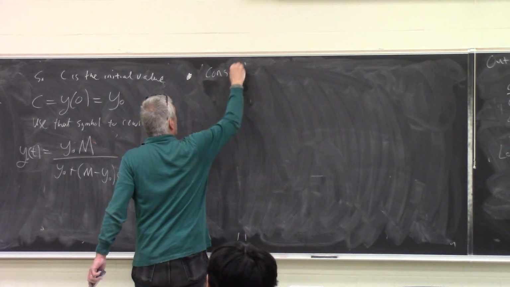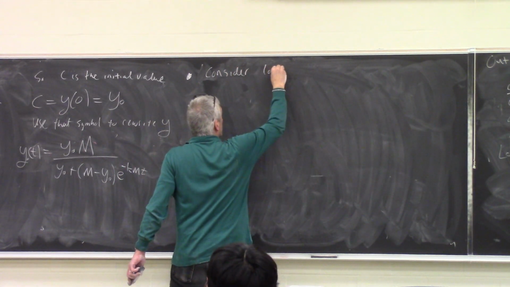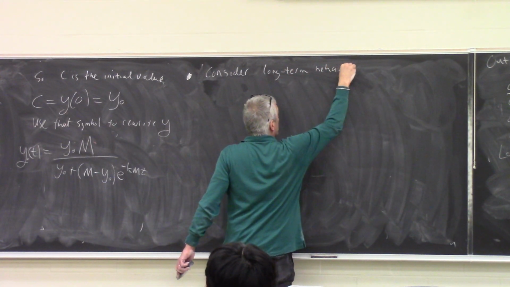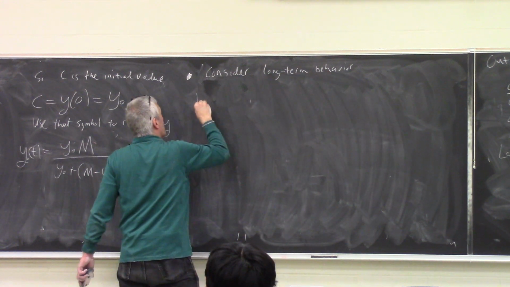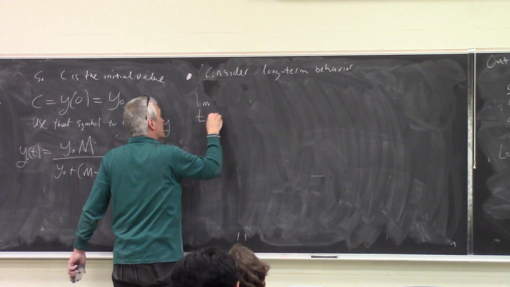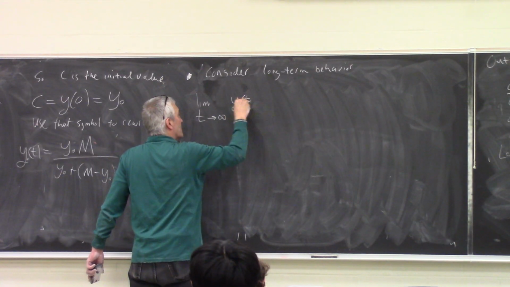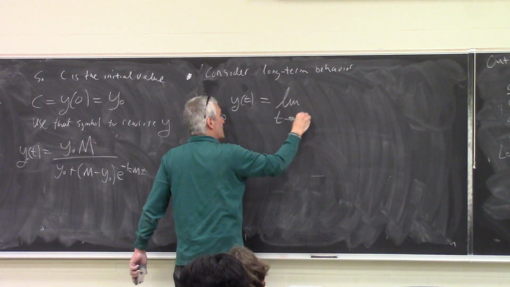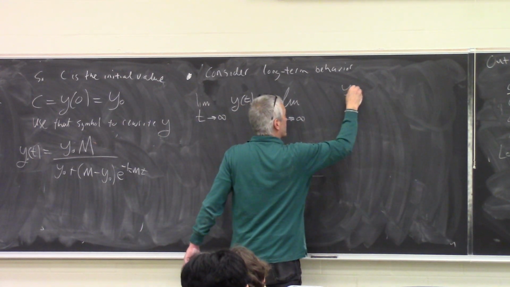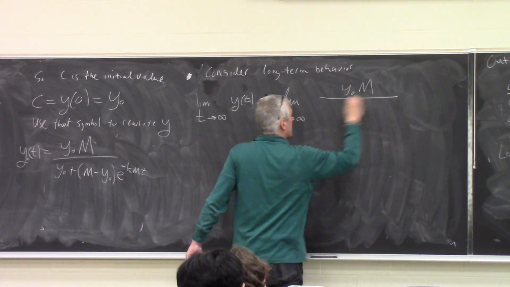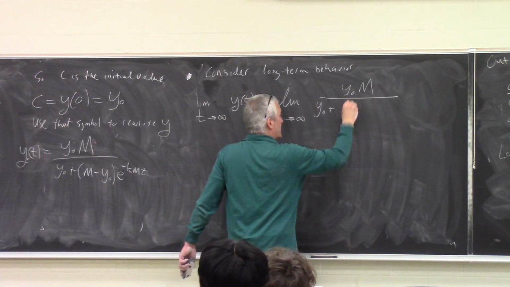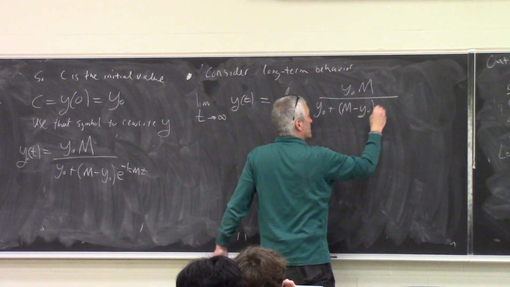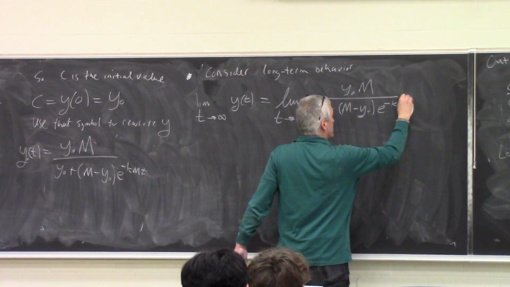So consider the long-term behavior. So the limit as t goes to infinity of y of t. That's going to be the limit as t goes to infinity of y0 m over y0 plus quantity m minus y0 e to the minus kmt.